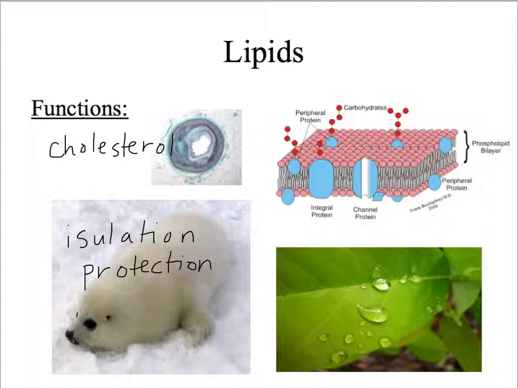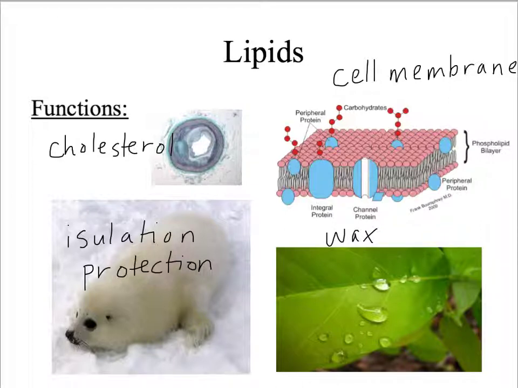Some fats are found around the cell membranes or make up the cell membranes. As I said, those are your phospholipids. So cell membranes have lipids in them. And then finally, waxes are made out of lipids. So there are waxes like on the leaf surface to help keep the water from being absorbed into the leaf. Also, things like honeybees would make wax using lipids.